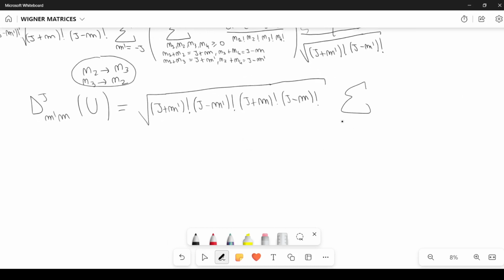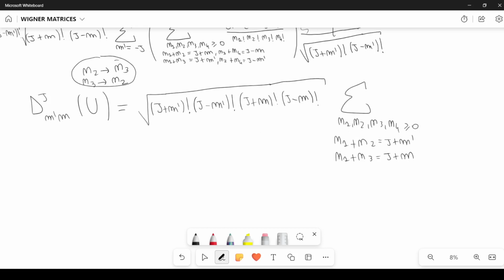So you have summation over n1, n2, n3, n4 greater than or equal to 0. We have n1 plus n2 equal to j plus m prime, n1 plus n3 equal to j plus m. Remember that I have changed the role of n2 and n3, so I have relabeled them in the opposite order.